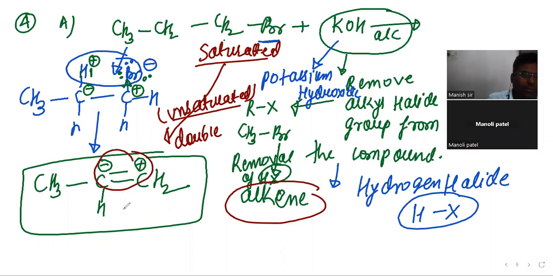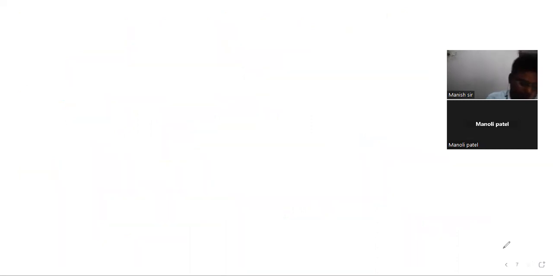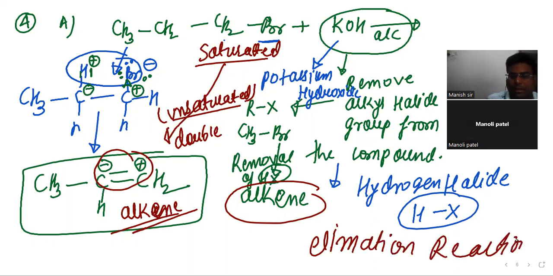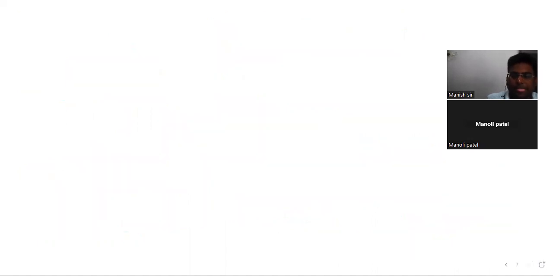So you can see it is forming an alkene from an alkane, right? Now see the next part. The name of this reaction can be given as elimination reaction. We are removing hydrogen halide, that's why.